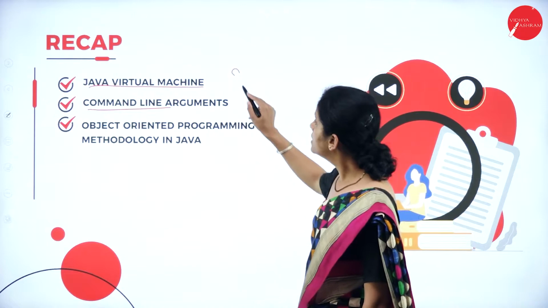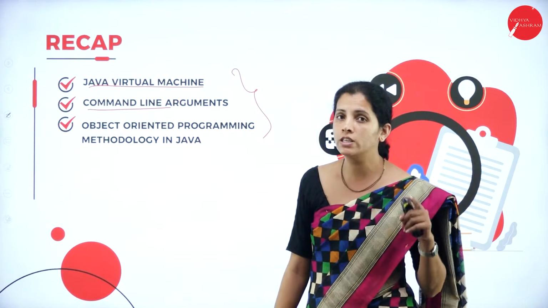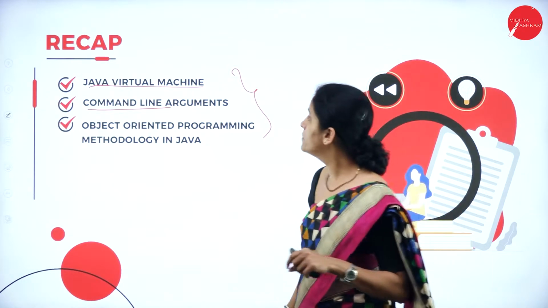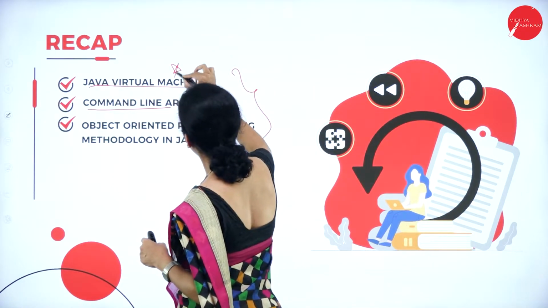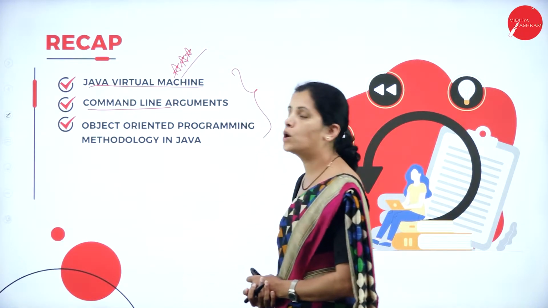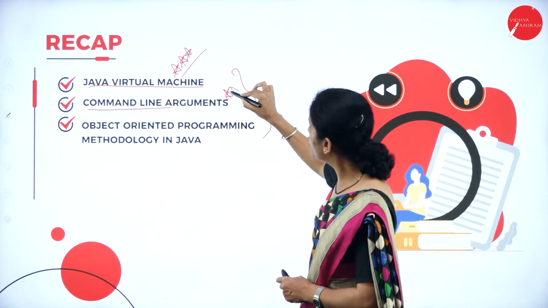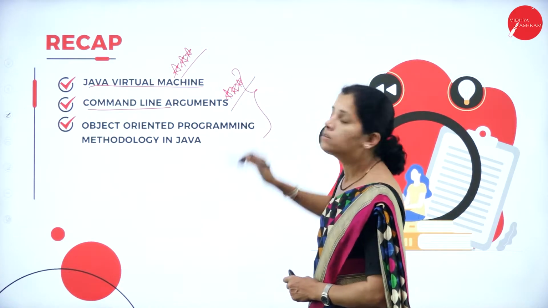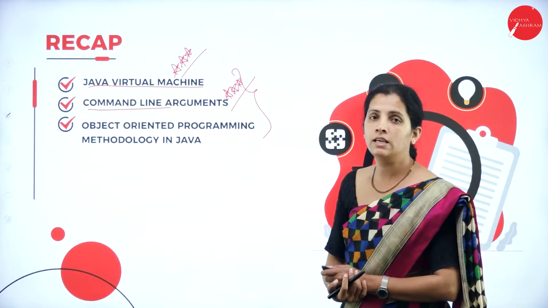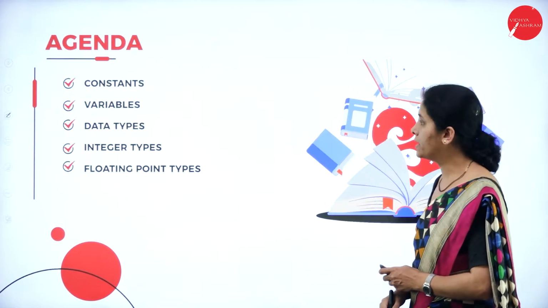These are the three topics I have discussed. Please make a note here: from the examination point of view, JVM, that is Java Virtual Machine, as well as command line arguments, are very important topics.